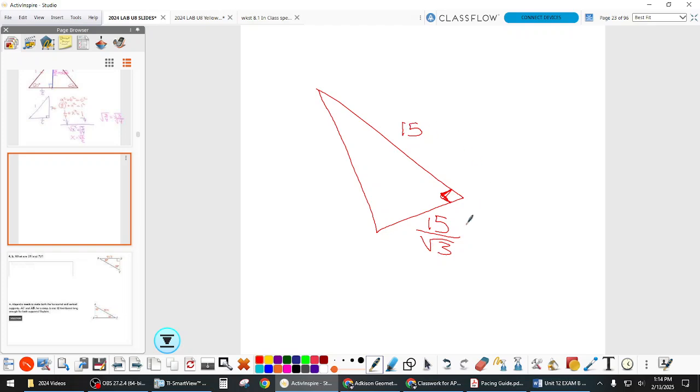So we divide 15 by root 3 to get from medium to short. And then short to hypotenuse is what? Times 2. So how does that look? Well, it's 15 times 2 divided by root 3, but what is 15 times 2? Yeah. So that's usually the hardest version when you're given the medium and you have to go around and find the others.